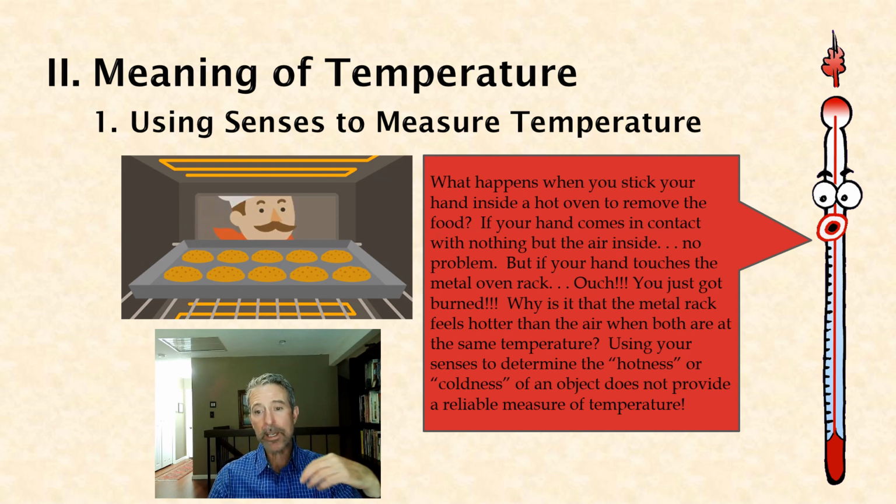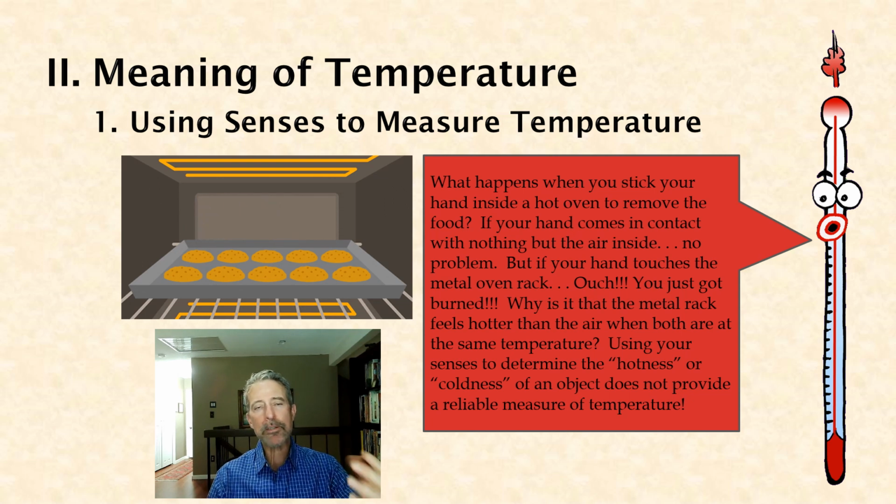But if your hand were to touch the metal oven rack or the metal sides of the oven, ouch. You've just got yourself burned. Why is it that the metal rack feels hotter than the air inside when both are at the same temperature? So you see here how using your senses to determine the hotness or coldness of an object does not provide a reliable measure of temperature.